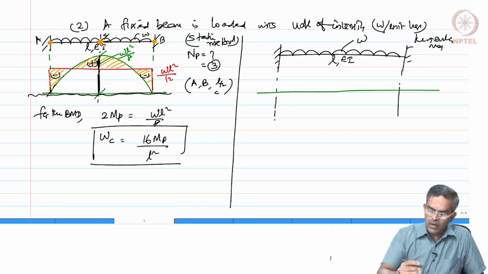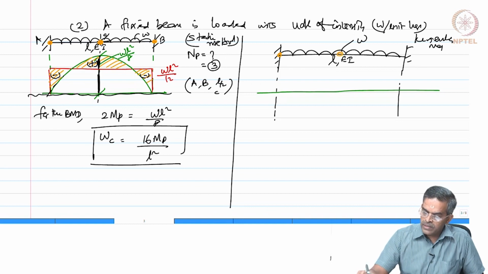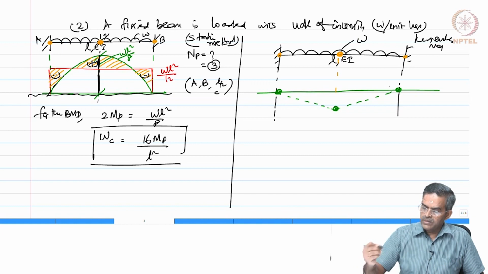Let us say the hinges are allowed to form at 3 locations, one at the midspan, and therefore, this becomes my assumed mechanism. So, one hinge here, one hinge here and one hinge here. Now, let us take this deflection as del. Let us say this rotation is theta.